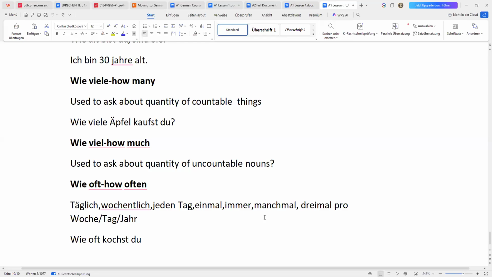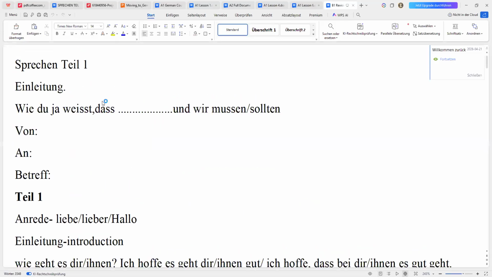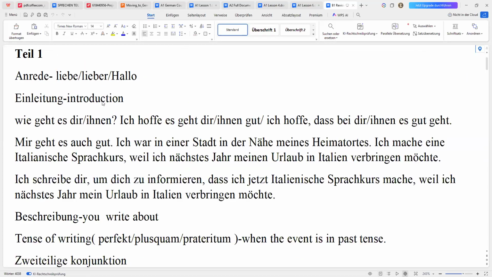Now, in the B1 Schreiben, the Goethe one, there are 3 Teile. I will just go through them quick. In Teil 1, always you are told maybe there's some information you need to provide.